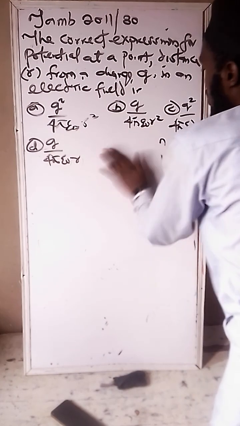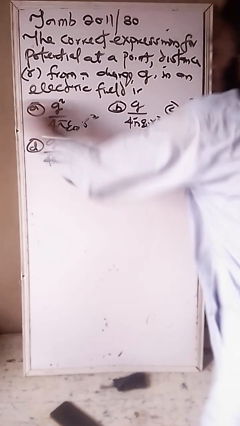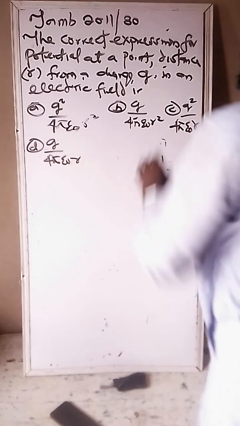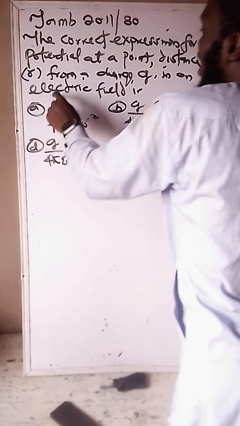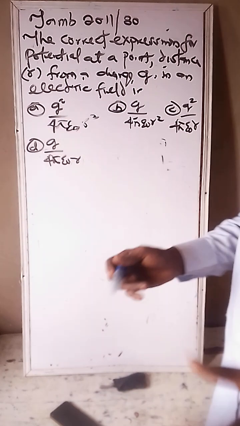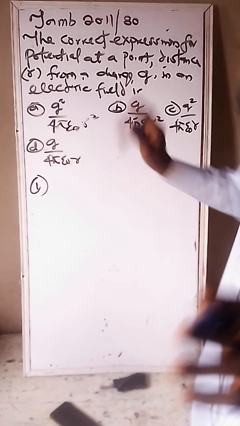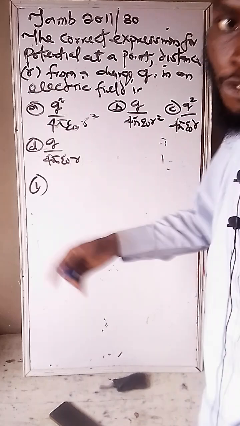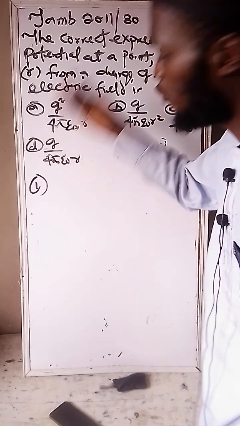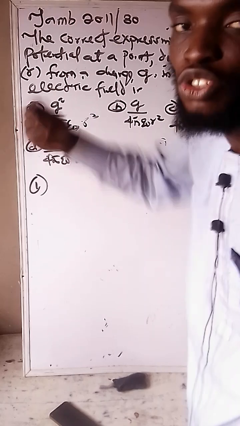So it is this formula we are going to use, but we have to break it down in order to get the answer. At distance R from a charge Q in an electric field, just note that what they ask you is the formula for PD in terms of R and Q. Formula for voltage, electromotive force, potential difference, electric potential.